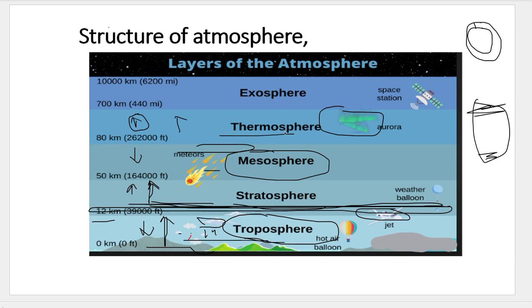These lights, which are very beautiful, are seen in the night sky of the northern pole and southern pole. These lights occur in the thermosphere. So, points to remember in the thermosphere: aurora is seen in the thermosphere, and the ionosphere is also present in the thermosphere, and the ionosphere is important for radio communication.